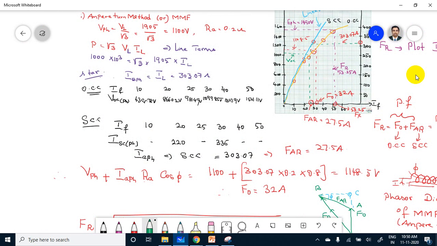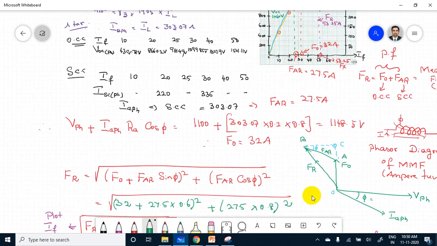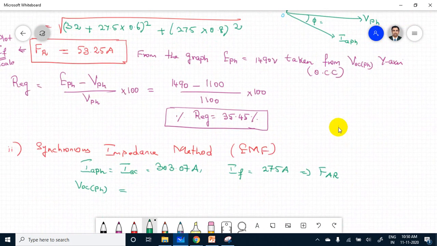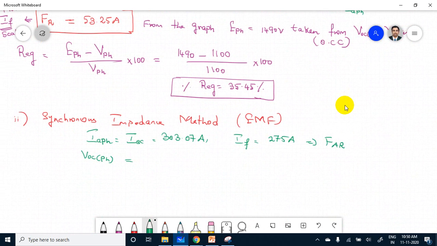For 27.5, VOC will be 1060 volt, from the graph. Take it down. I am calculating everything from the graph only. VOC equal to 1060 volt.